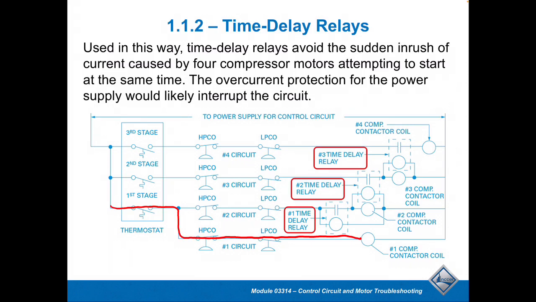Simultaneously, I'm energizing through the high pressure cutout and low pressure cutout the time delay relay coil. It's going to then go on the back side or the common side of the contactor, that number 2, and obviously as well as the other delay coil. So those are set up in there.